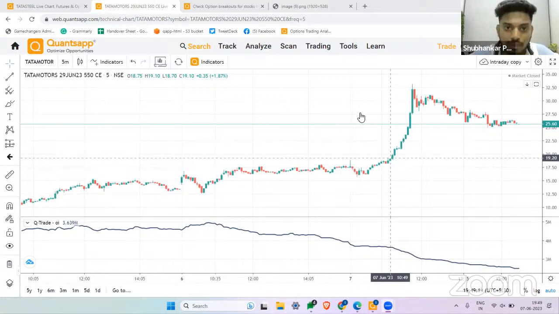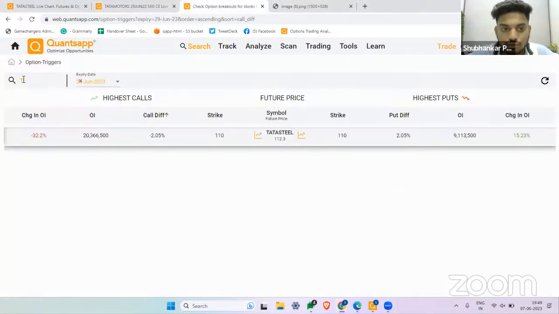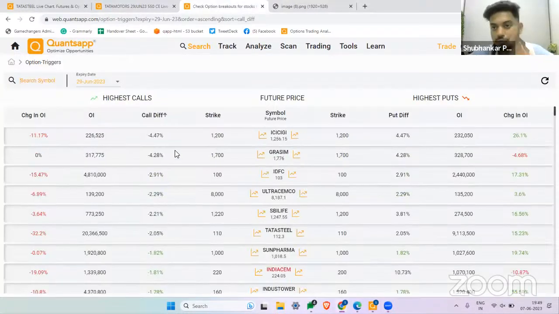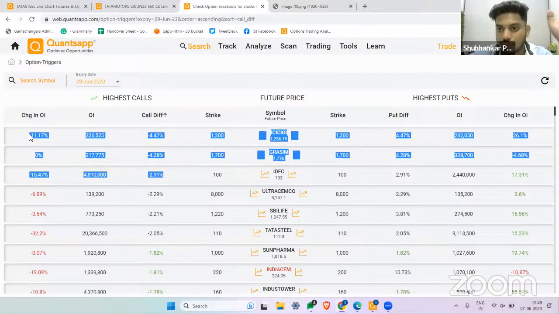So just to quickly summarize, what I want is the stocks which are trading above the highest call and the open interest unwinding. One last thing is, I don't want stocks which are very far away from the highest call.